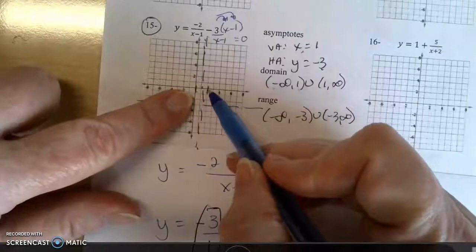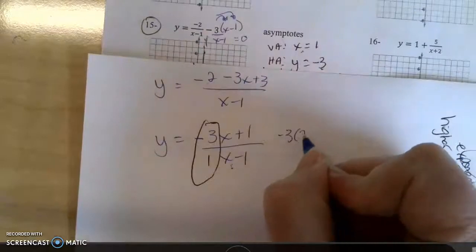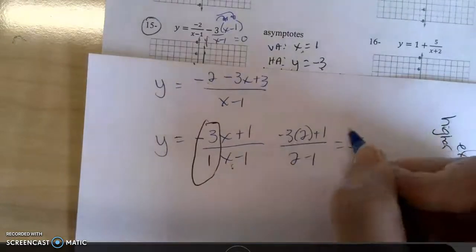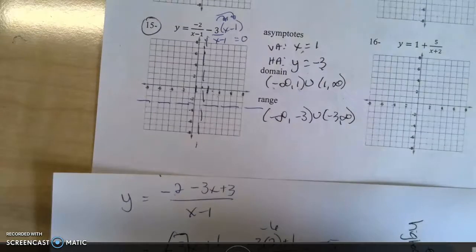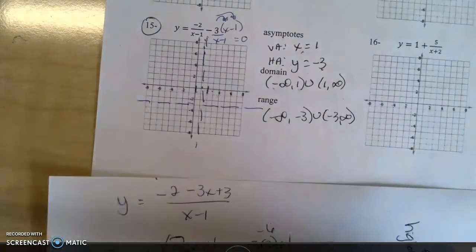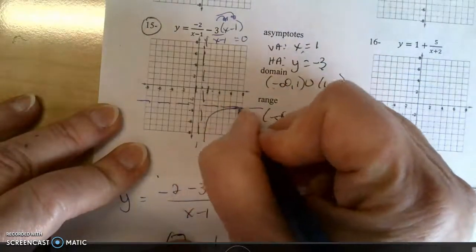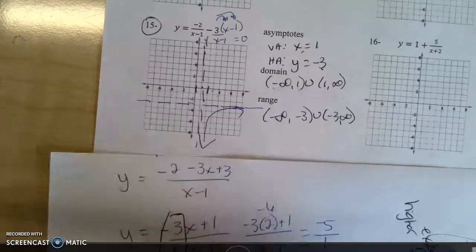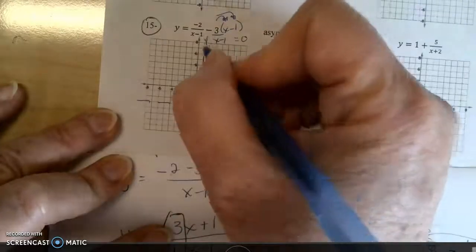When I plug in 2, I get -5. So it's down here. When I plug in 0, I get it up here.